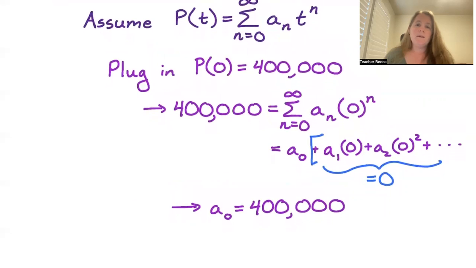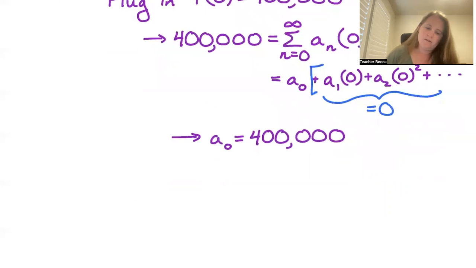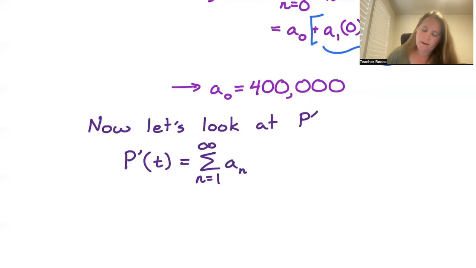Right? Now let's go ahead and look at the derivative. So now let's look at P prime. So we know that P prime of t should be equal to the sum from n equals 1 to infinity of a sub n times n times t to the n minus 1.